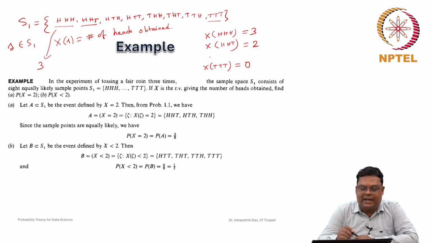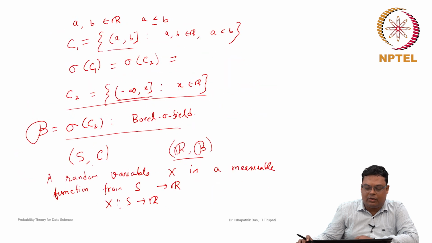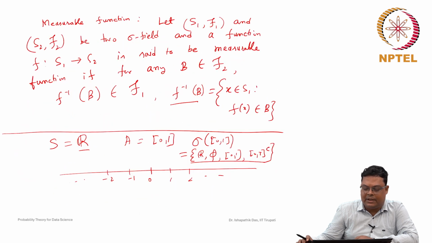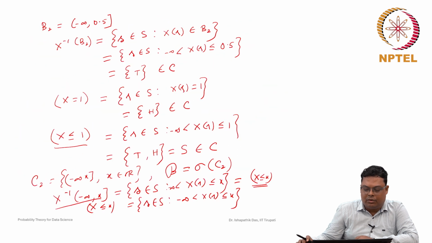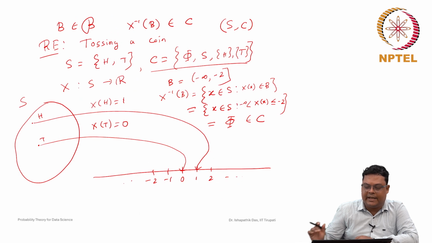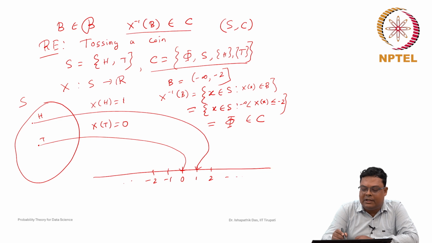So X is a measurable function, so X inverse of any Borel set belongs to C. It belongs to C means it is an event, a subset of S that belongs to the sigma field.